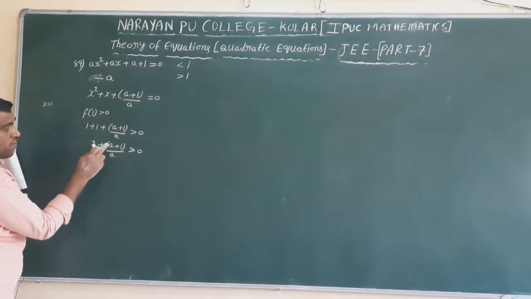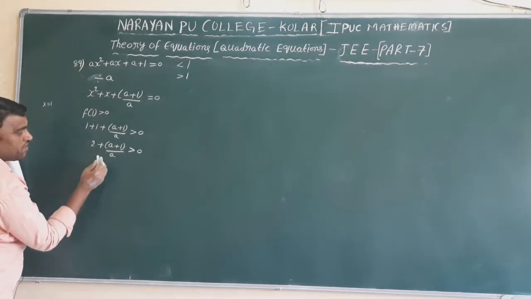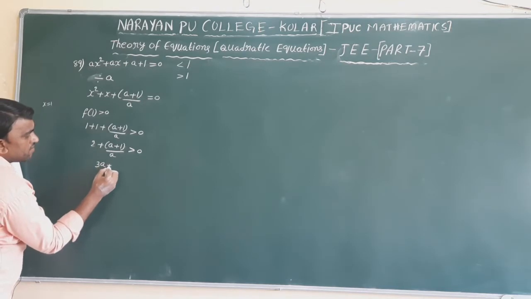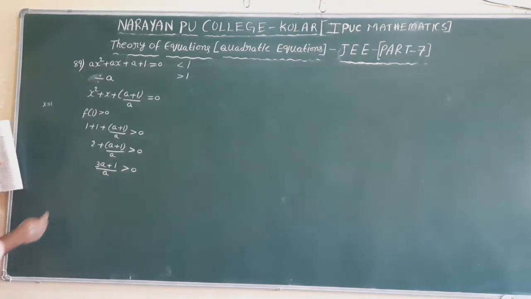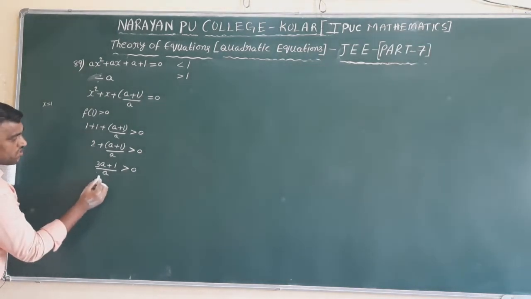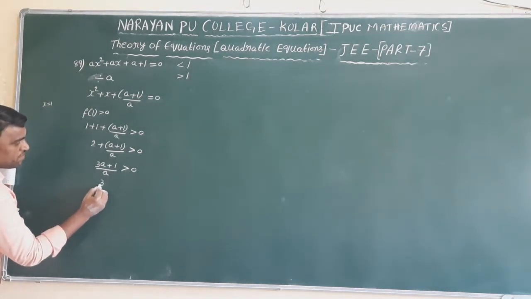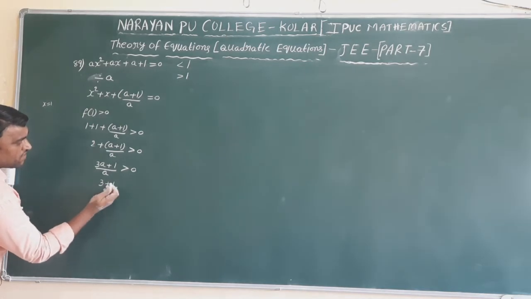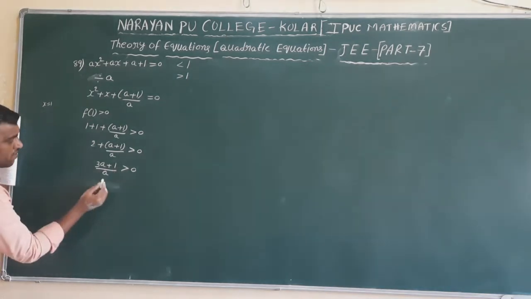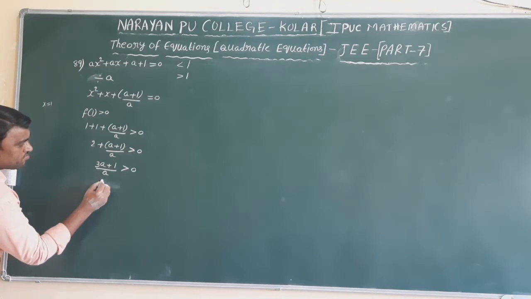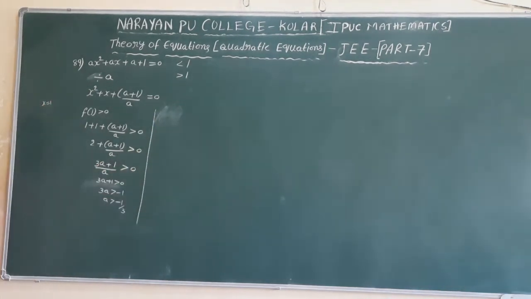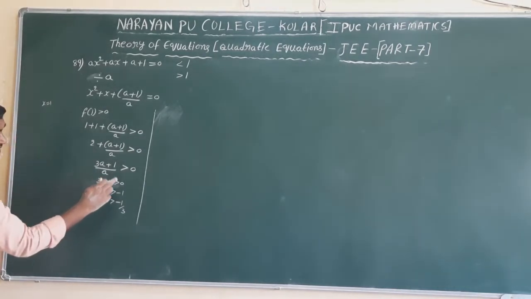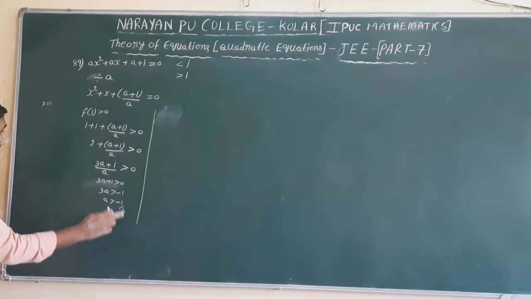Take LCM: (2a plus a plus 1)/a, that is (3a plus 1)/a, is greater than 0. Here 3a plus 1 is greater than 0, 3a is greater than minus 1, a is greater than minus 1 by 3.